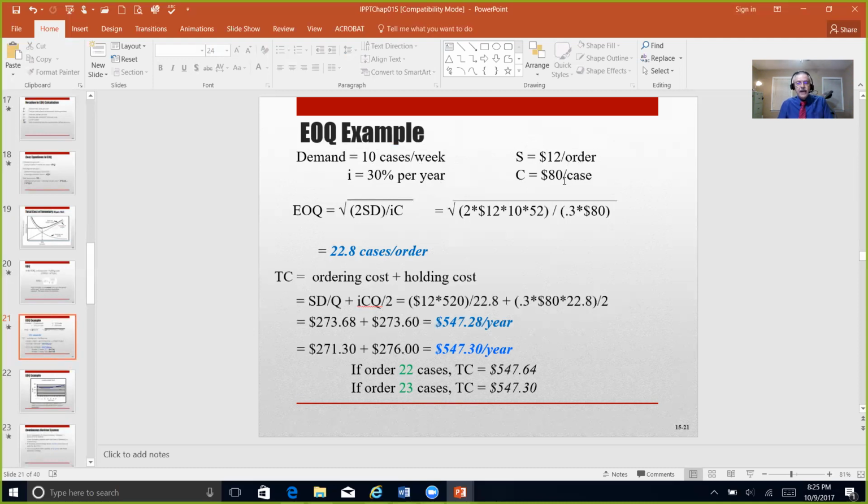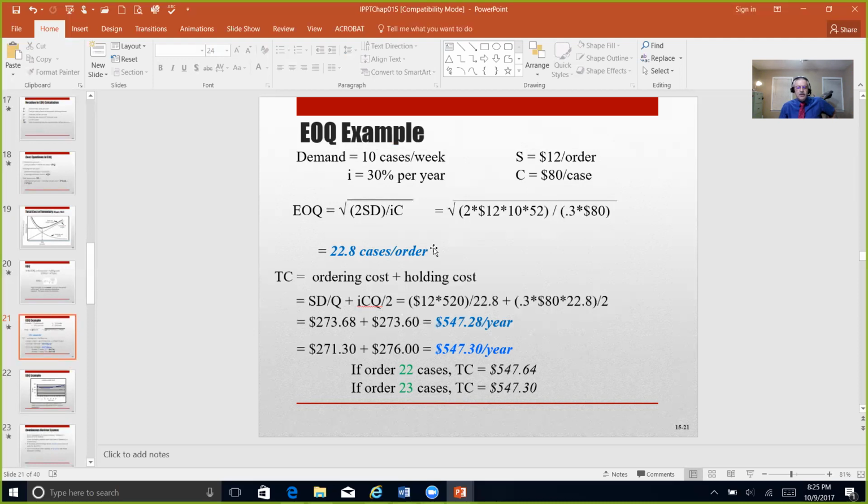So we have our EOQ formula: Q equals the square root of 2 times S times V divided by I times C. And again, that's the formula that you see in figure 15.2 on page 379. In doing the calculations, it's 22.8 cases per order.